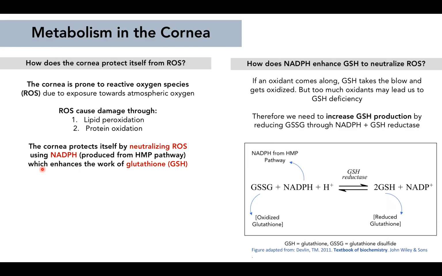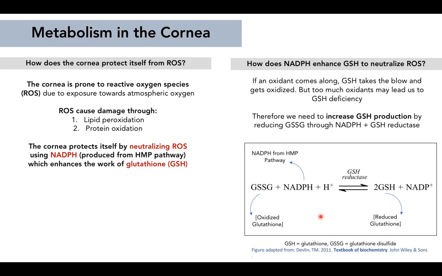So the question is, how does NADPH enhance GSH, which is glutathione, in order to neutralize ROS? Basically, how does NADPH work? Well, it increases glutathione production. With each presence of ROS, GSH takes the blow and gets oxidized into the oxidized form of glutathione.